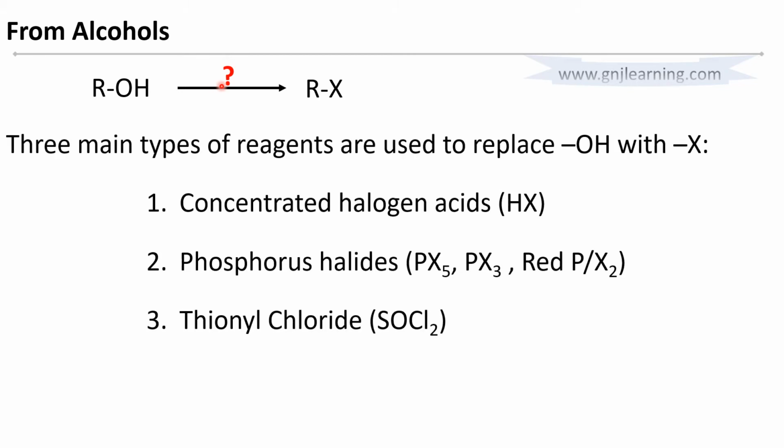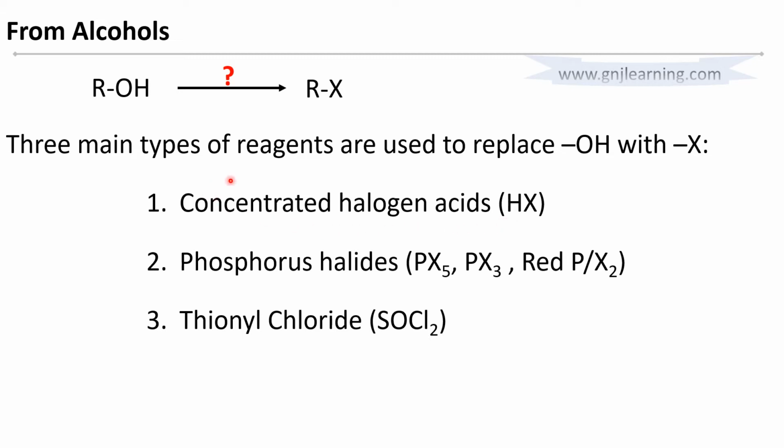There are three main types of reagents that are used to replace OH with X. What are they? Concentrated halogen acids, or you can call them hydrohalic acids, like HCl, HF, HBr, HI.